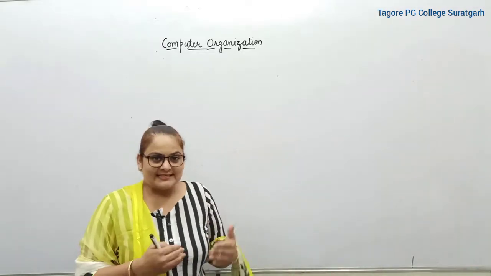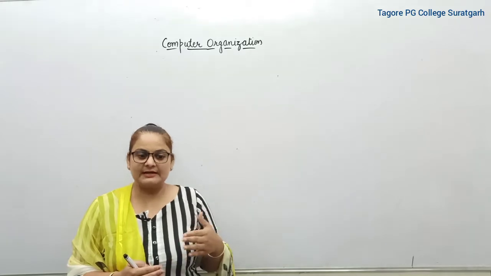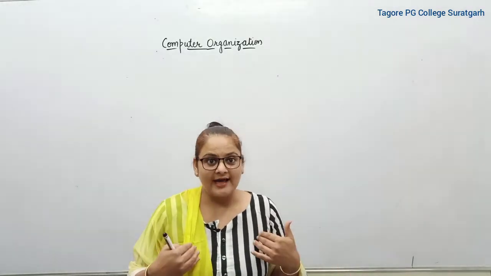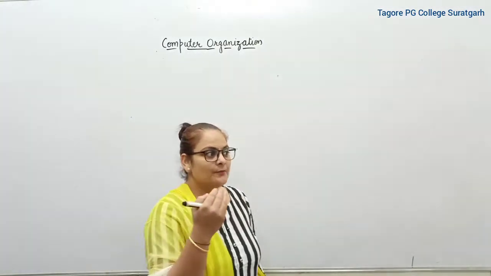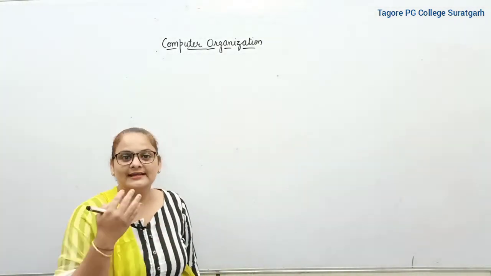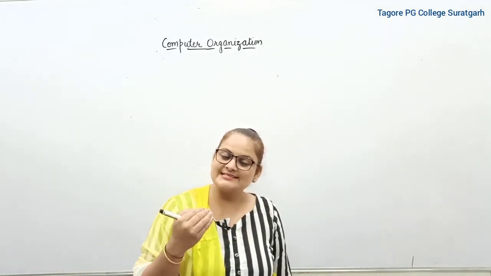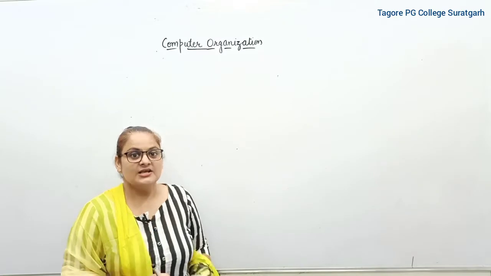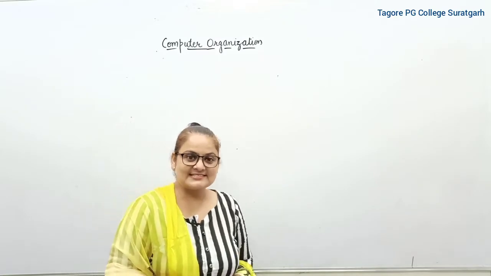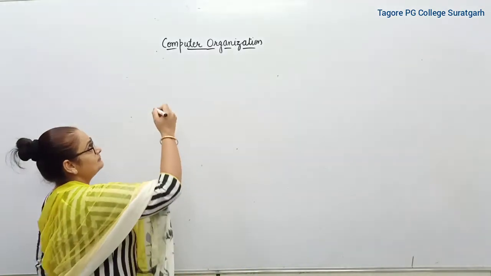So with this, we all know very well that the computer does not understand our language, that is English, Hindi or any other mother tongue. Here is the binary language. Here is the machine language which the computer can understand. So let's go with the number system. What is the number system?